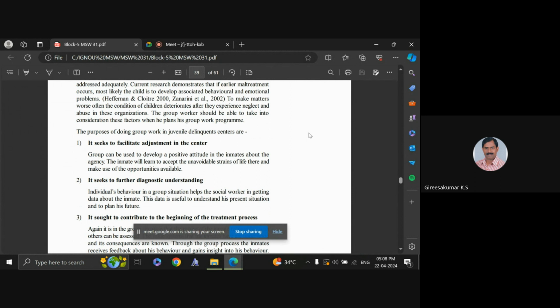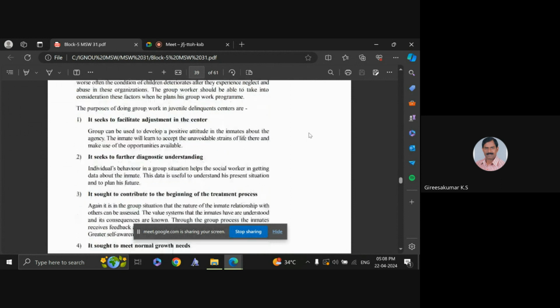At that time, it seeks to facilitate adjustment in the center, then diagnostic understanding. It needs further, and it seeks to contribute to the beginning of the treatment process.